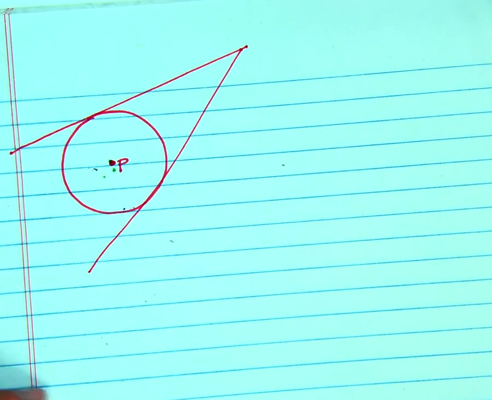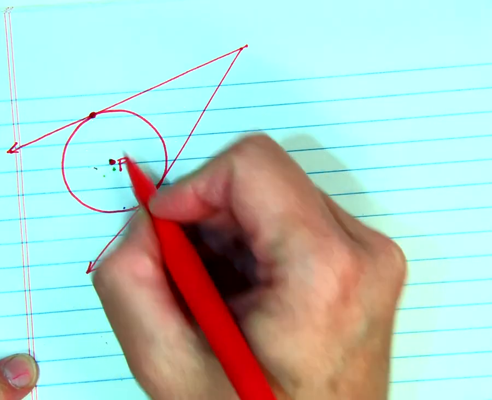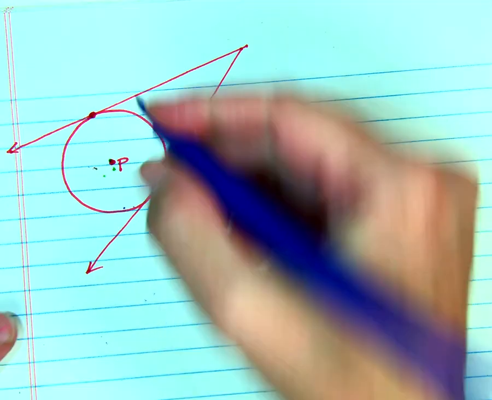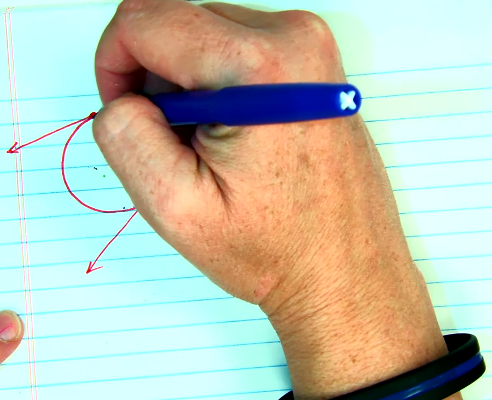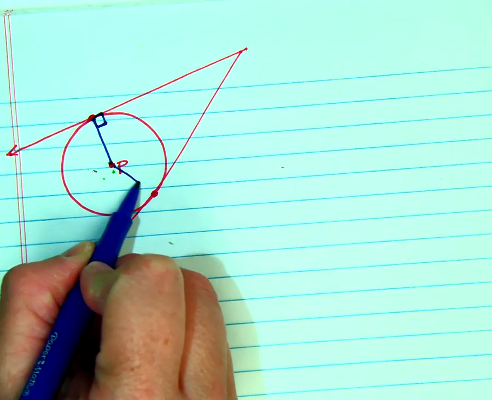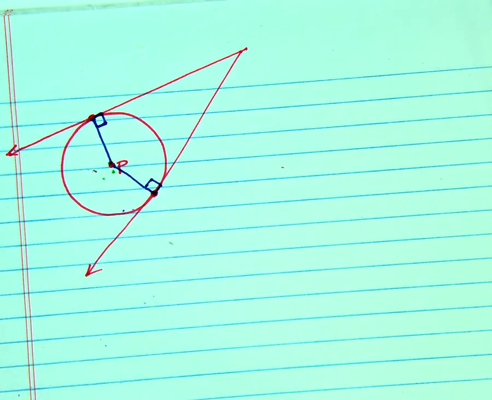Okay, there we go. So because I know that they are already tangents, that means that this piece is going to be perpendicular, and the radius here is also going to be perpendicular. Okay, so we have that.